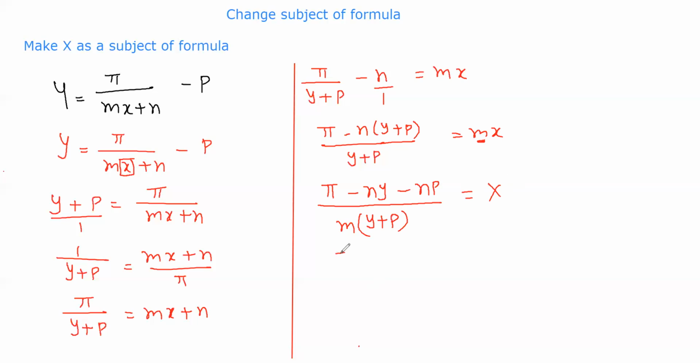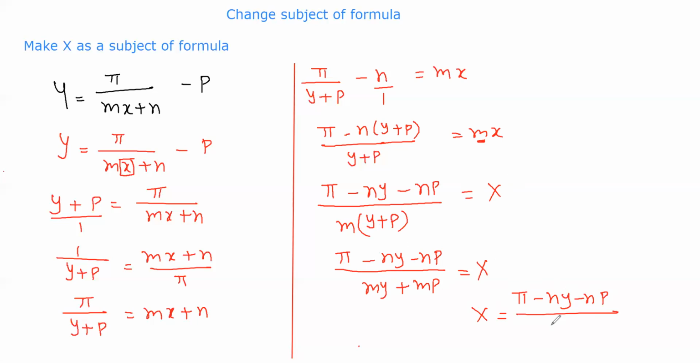We can write it pi take away ny take away np divided by my plus mp is equal to x, and the final answer we can write as x is equal to pi take away ny take away np, whole divided by my plus mp. This is our x as the subject of the formula, right? Okay.